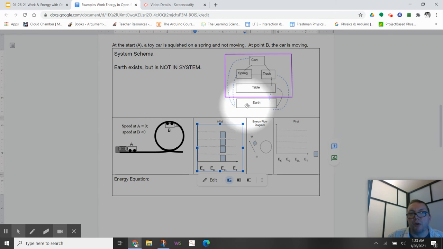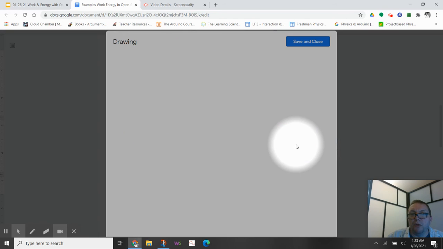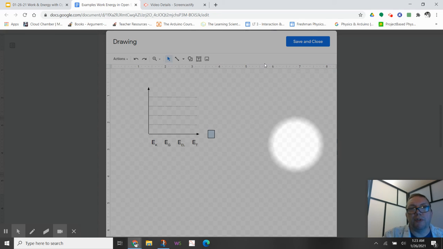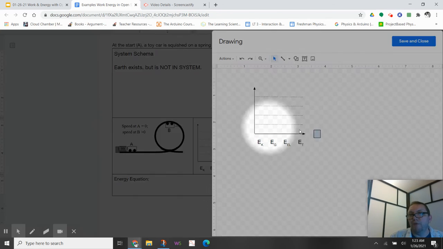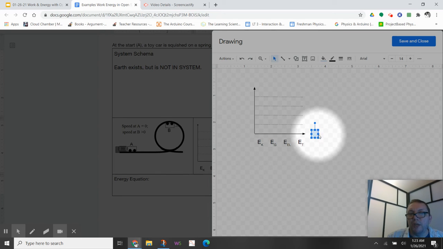We're saying here the Earth is not in our system. So if the Earth is not in our system, then we have this weird deal where we cannot have gravitational energy. We can only have gravitational energy if there's an object with mass, there's a gravitational field, there's a height above zero. All of those are true right now.